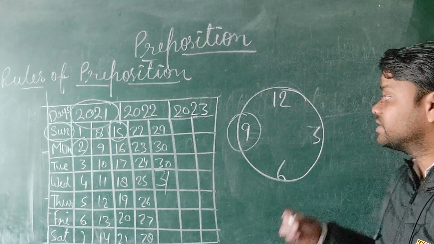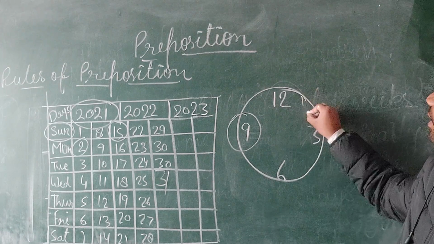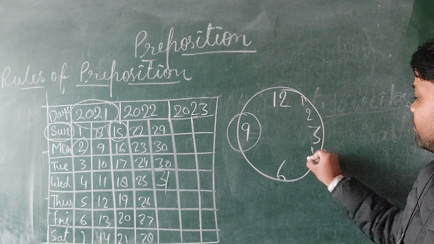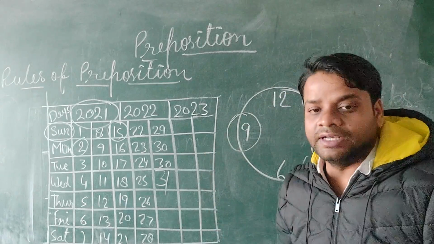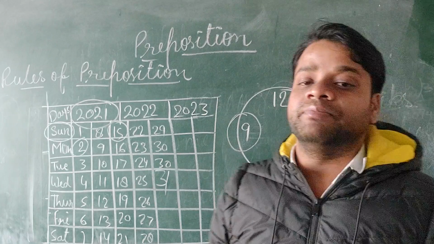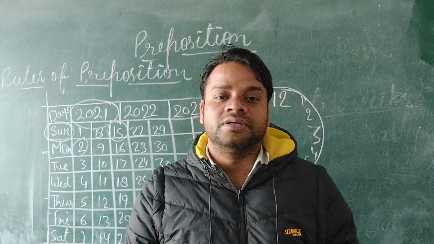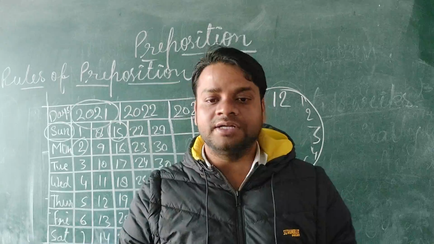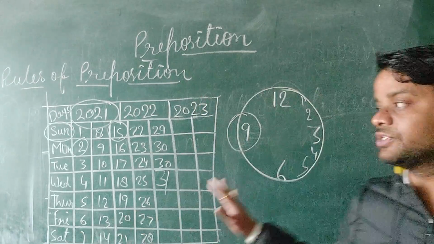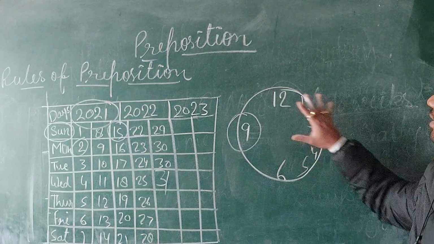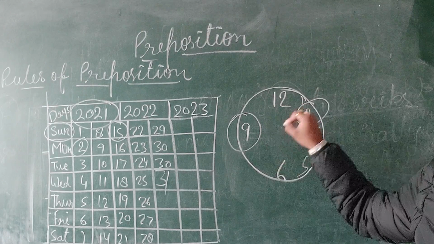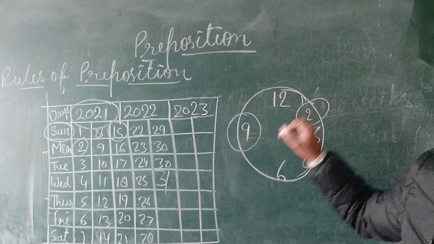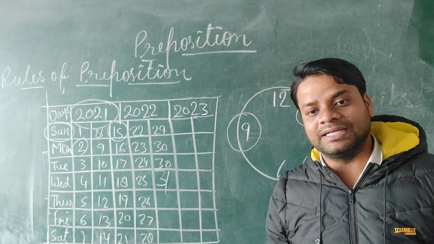But which hours are we talking about? 1, 2, 4, 5, these numbers are indicating definite time. But if we say 2 hours, 3 hours, 4 hours, 5 hours, 6 hours, it is not sure from which hour we are talking about. But if I say 2 o'clock, it is sure, so there we will use since. Is that clear?